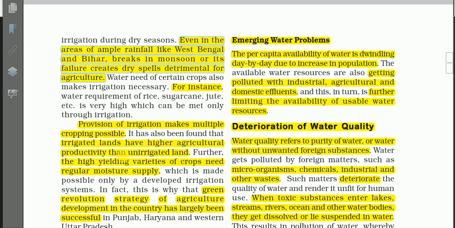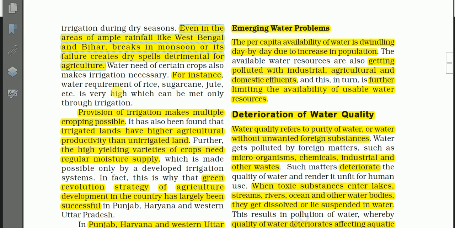Then one more point you have to know is that the water need of certain crops also makes irrigation necessary. For example, the water requirement of rice, sugarcane, jute, etc. is very high, which can be met only through irrigation.